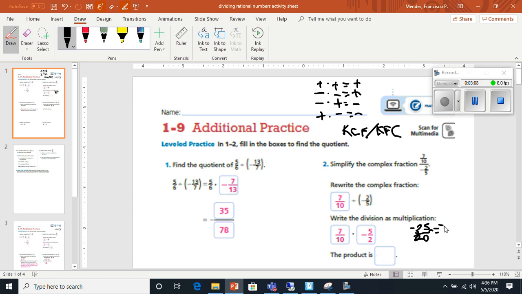So we know that we're going to have negative 1 and 15 over 20. And 15 over 20 can really be reduced because they both can be divided by 5. That's going to give us 3/4. So our answer is going to be negative 1 and 3/4. There you go.